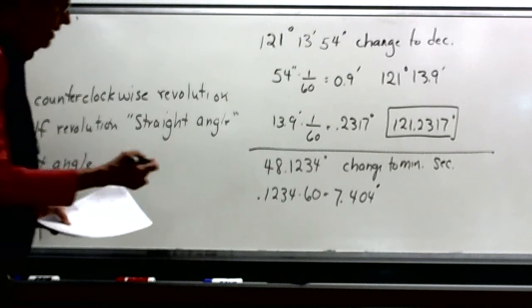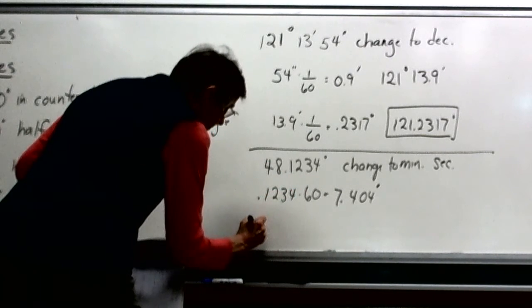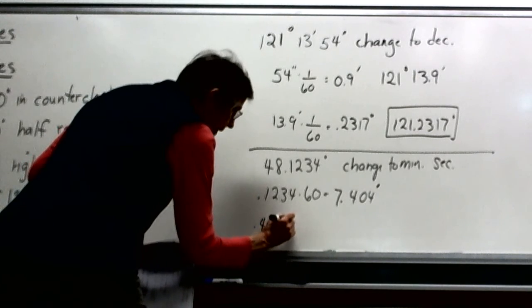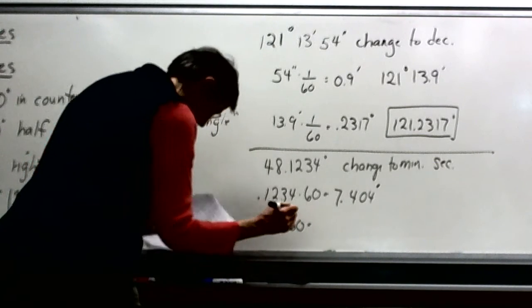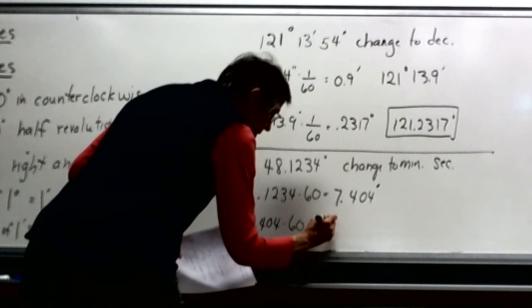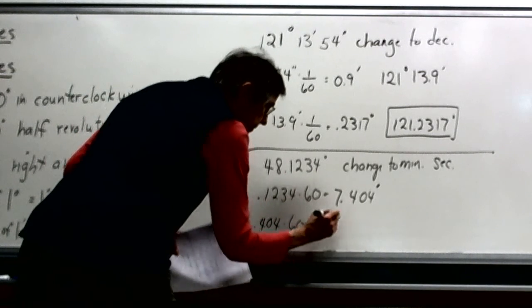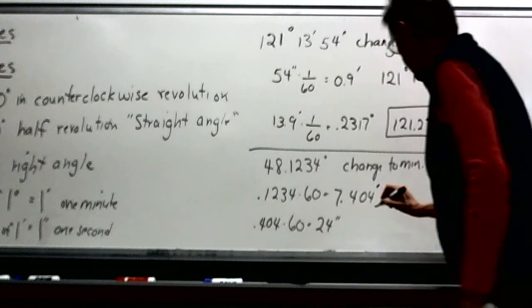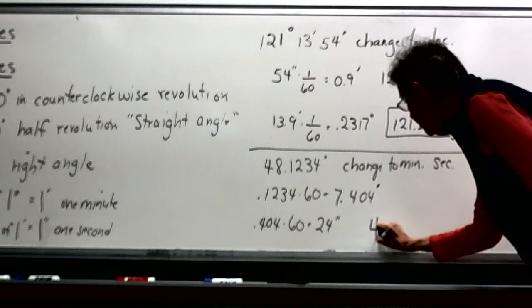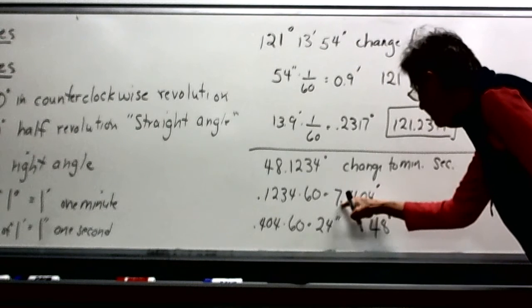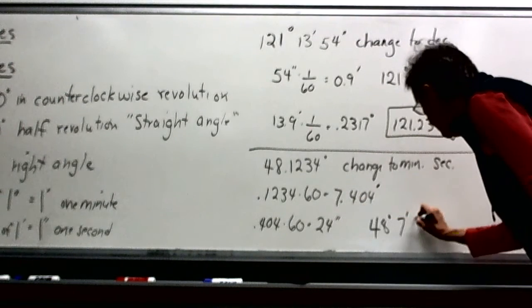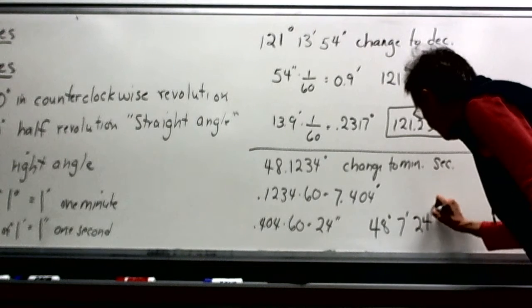And then we want to change the 0.404, again multiplying by 60 gives us 24 seconds. So our final result is 48 degrees, 7 minutes, and 24 seconds.